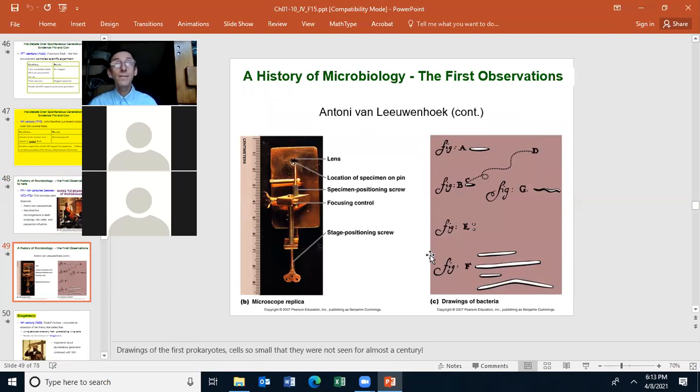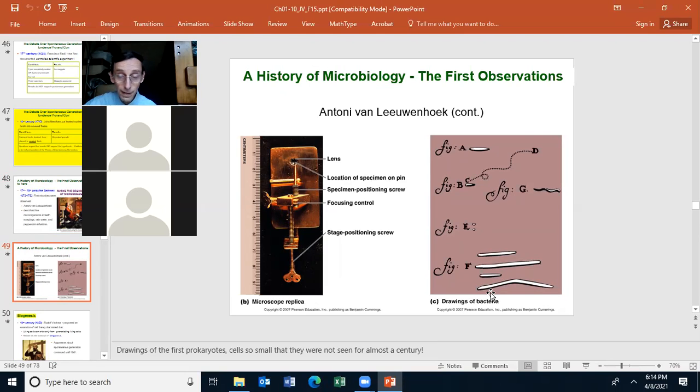Antonie van Leeuwenhoek was such a good microbiologist and such a good microscope builder that he saw and recorded cells so small, right here, drawings of bacteria, that the microscopes of his day could not see these cells.